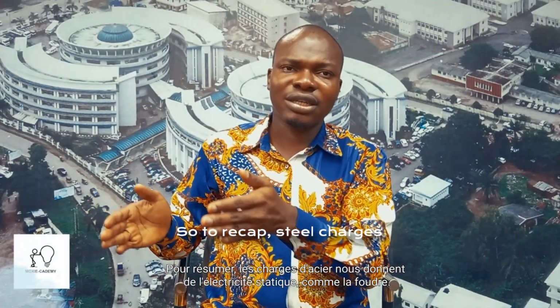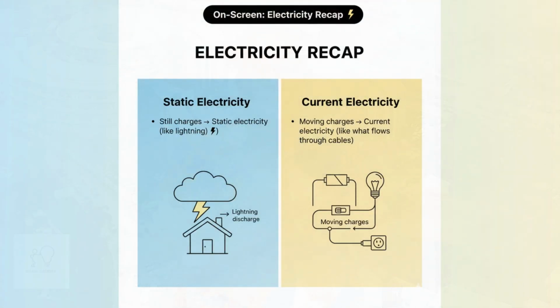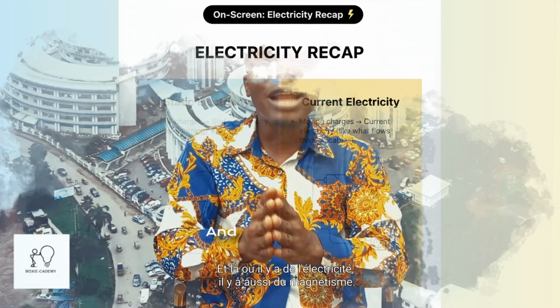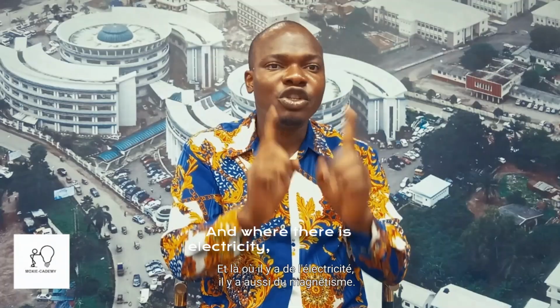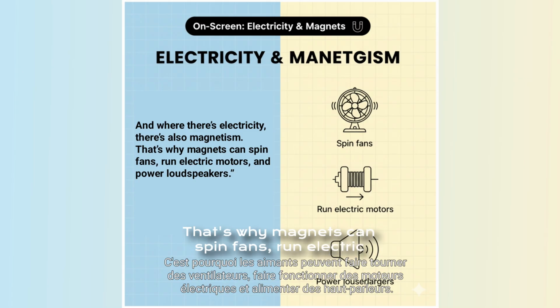So to recap, still charges give us static electricity, like lightning. Moving charges create what we call current electricity, like what flows through cables. And where there is electricity, there is also magnetism. That's why magnets can spin fans, run electric motors, and power loudspeakers.